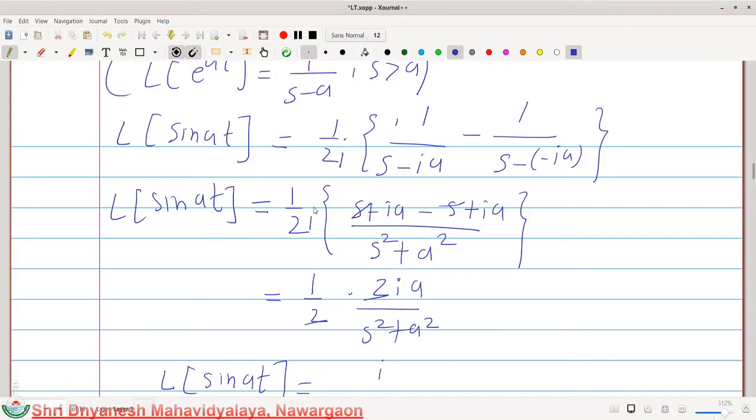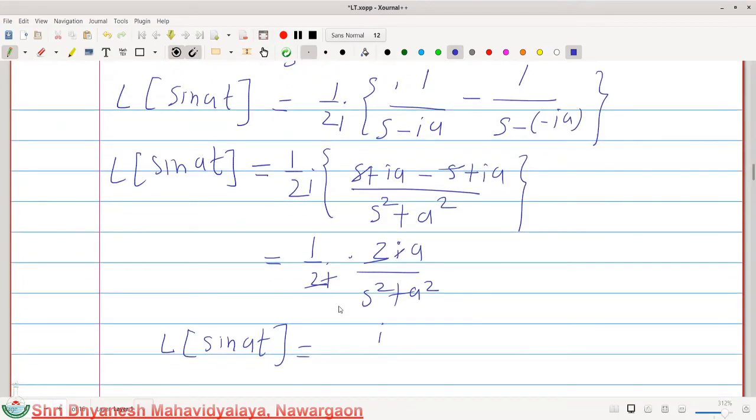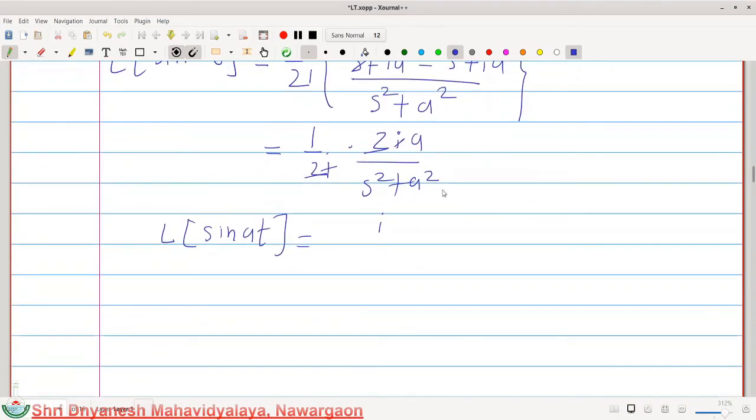So not only 2, this i will also get cancelled. So what remains here? Laplace transform of sin at is a upon s square plus a square.